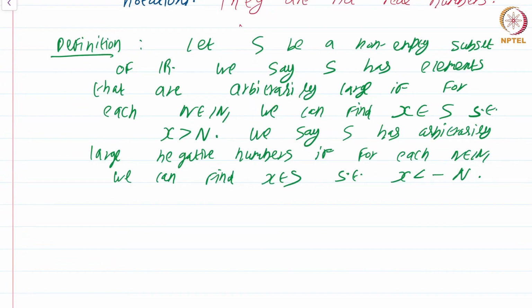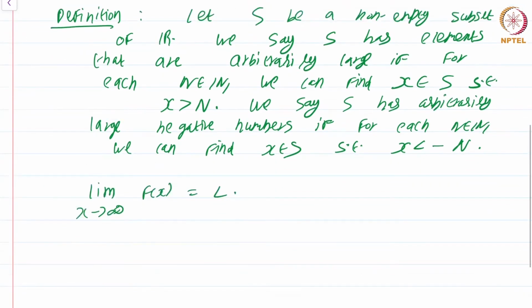Okay, now we are going to try to define what it means for limit x going to infinity of f of x to be equal to L. Okay, that's the aim. So definition. So let me just erase this. Definition.